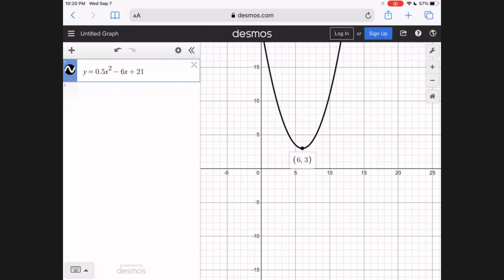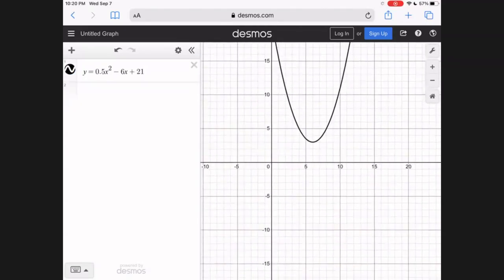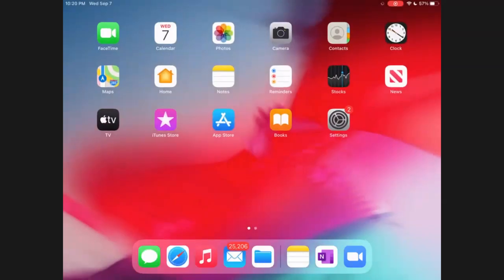Okay, so I keyed it in. Just click on it. It'll tell you the vertex and any intercept. So here's a y-intercept of (0, 21), or 21 is the y-intercept. You'll notice it never crosses the x-axis because it's opening up and it's already above the x-axis. So there are no x-intercepts here.